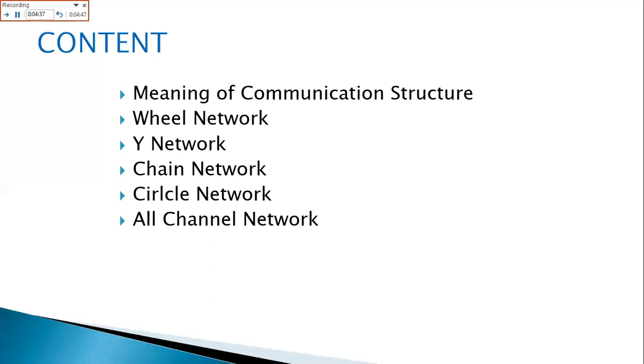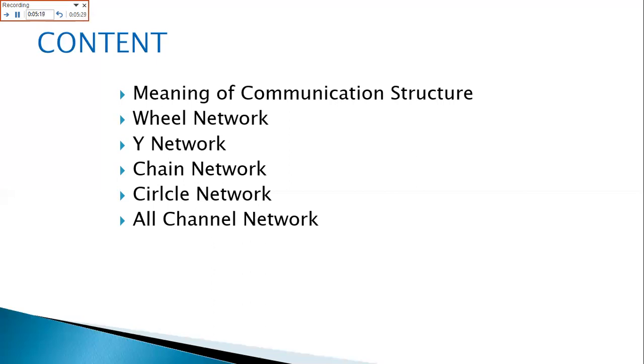Here, the group leader is probably the main source of communication, the main source of information, and passes the information to the other group members. Maybe they are 2, 3, 4, more than 5.